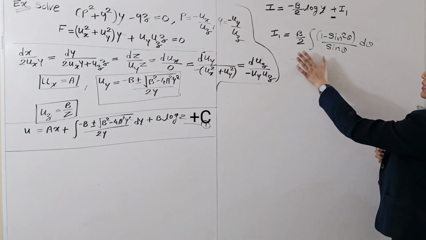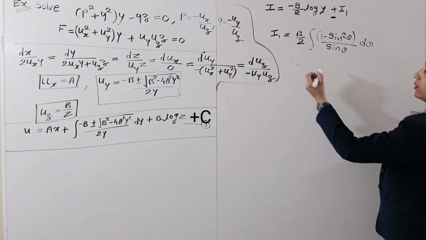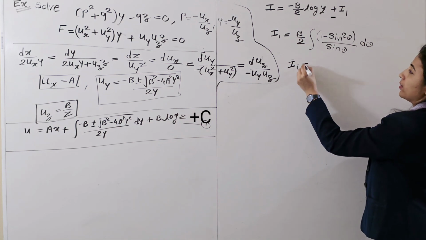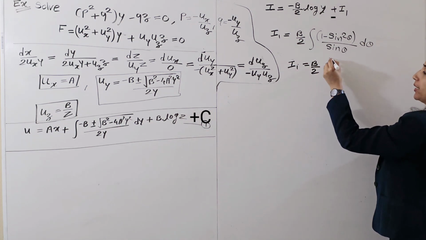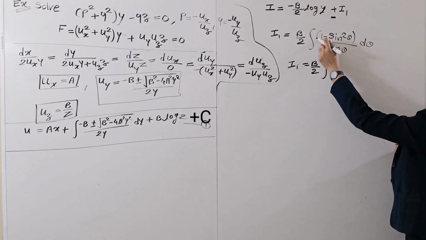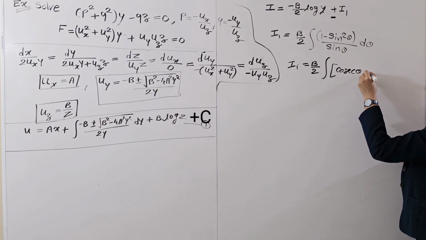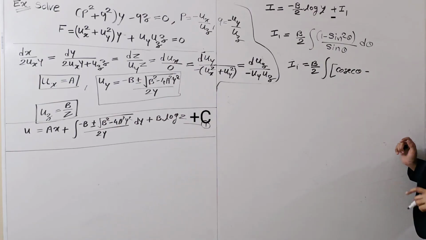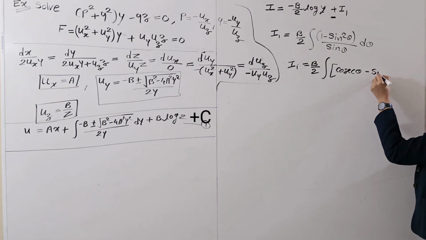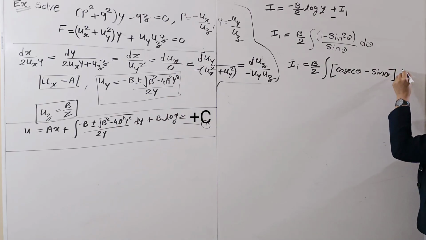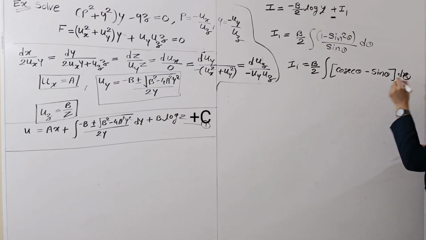So to solve this integration I1, we have to separate this term. Here we will get b divided by 2 integration of 1 upon sine, which is nothing but cosec theta, minus sine square theta divided by sine theta. So one sine remains, sine theta d theta. Now integrate this term.